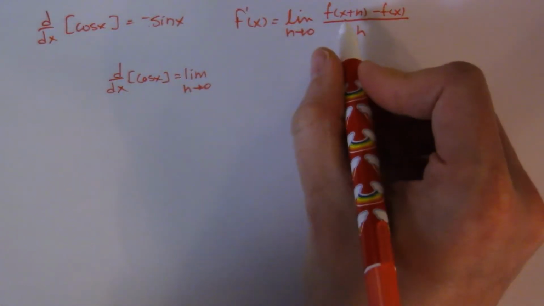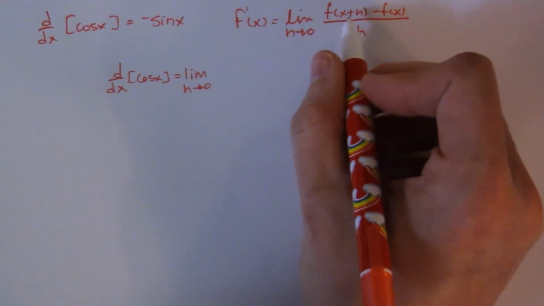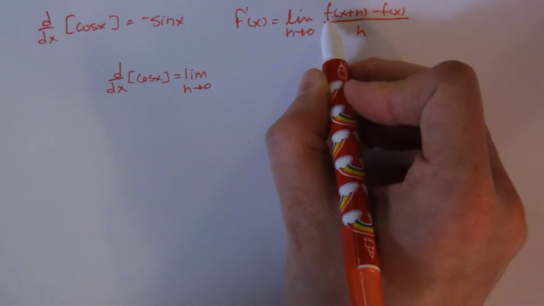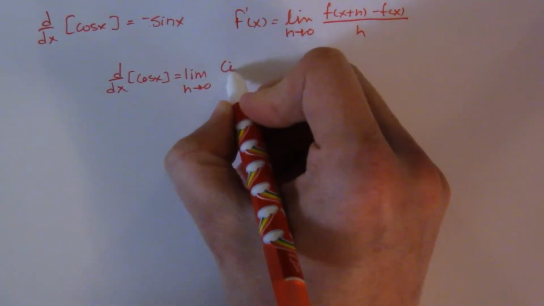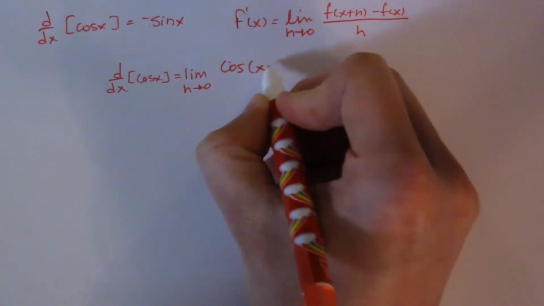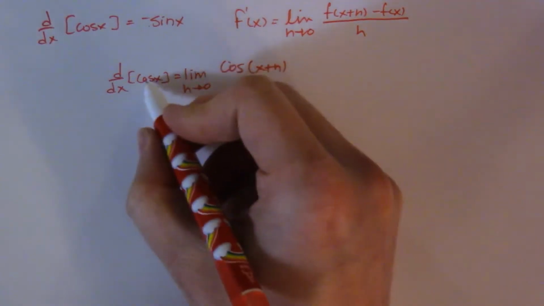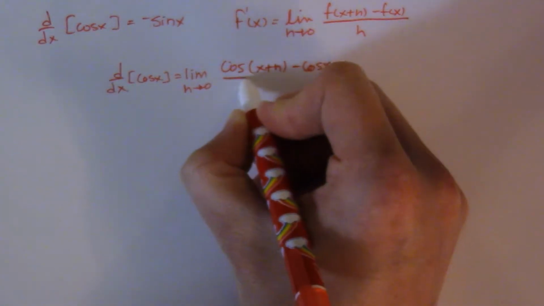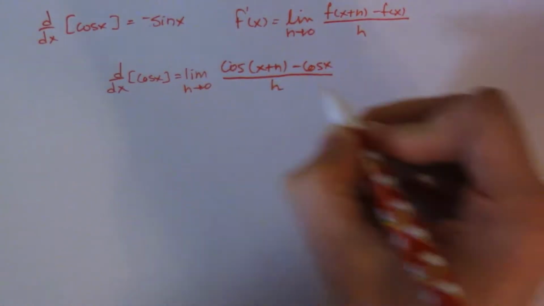I'm going to take my function, cos, and substitute in x plus h, and then my f of x is just cos x, all over h.